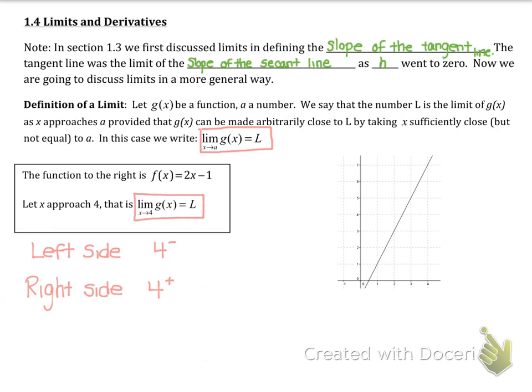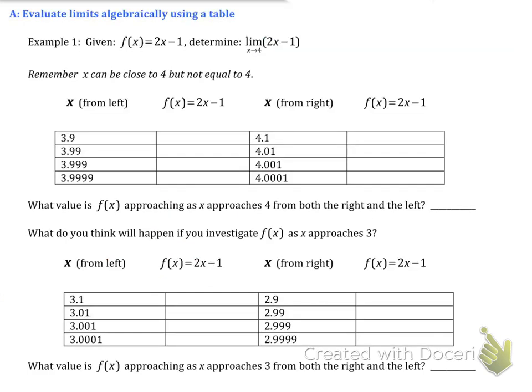So let's take a look at this in an algebraic way. So given the function that we just dealt with, 2x minus 1, determine the limit as x approaches 4. So remember, x can be close to 4 but not equal to 4 like we began. So we're going to use the numbers on the left side and the right side.